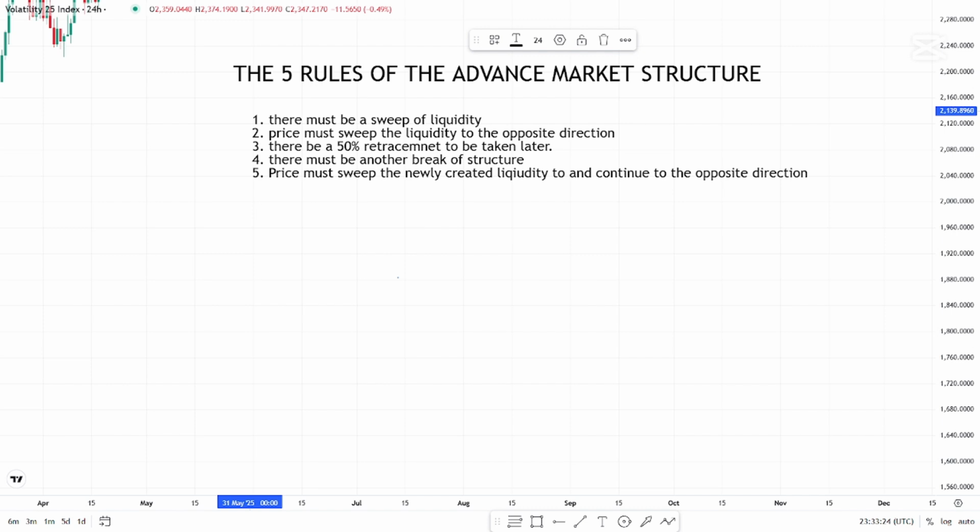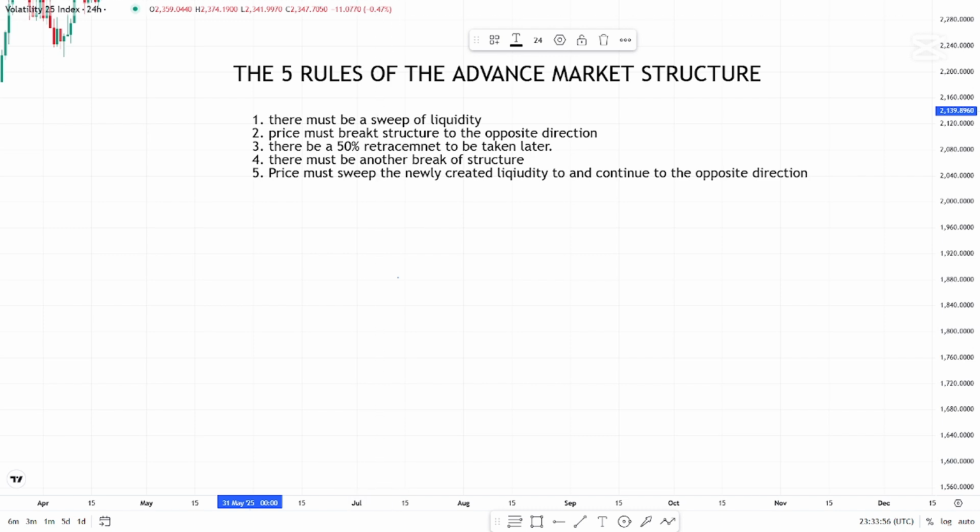Okay, so this rule number two simply is not price must sweep the liquidity to the opposite direction. Price must break structure to the opposite direction. So these are the 5 rules of the advanced market structure.